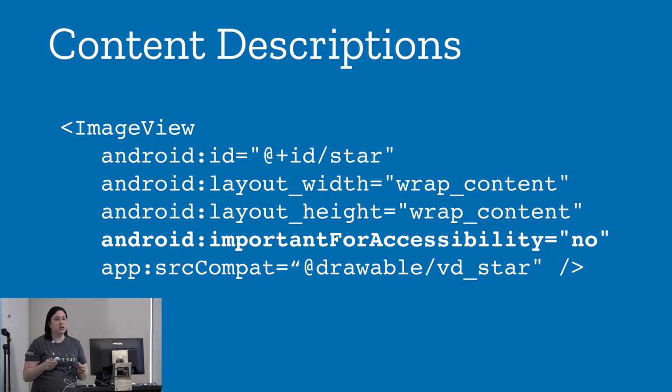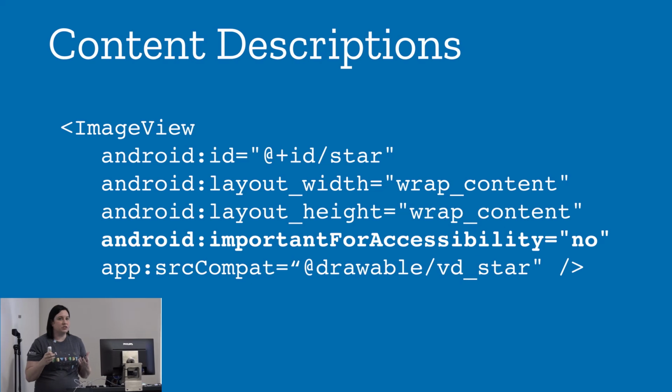Why would anyone, if you place yourself in the shoes of somebody that's using a screen reader, want to hear this laborious kind of assistive text about, it's a green chair with a book, a library background. It's just a decorative item. It's not important. So you can just use the attribute important for accessibility equals no. And then you'll get rid of that lint warning.